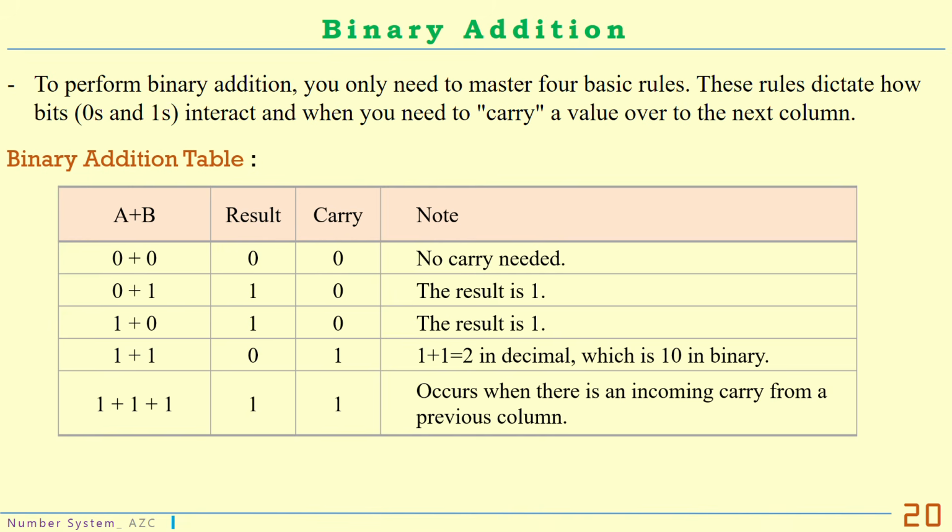While 1 plus 1 is 10, so result is 0 and carry 1. Now 1 plus 1 plus 1 result is 1 and carry 1. This occurs when there is an incoming carry from a previous column.